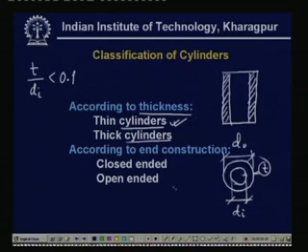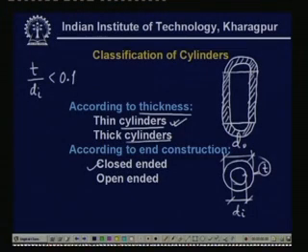According to end constructions, there is another way of classifying the same cylinder. One is the closed ended. Sometimes we have cylinders which are closed ended. The cylinders will have this kind of cap, which may be either an integral part of it or may be screwed or riveted, that is joined. Then this is the closed ended cylinder.